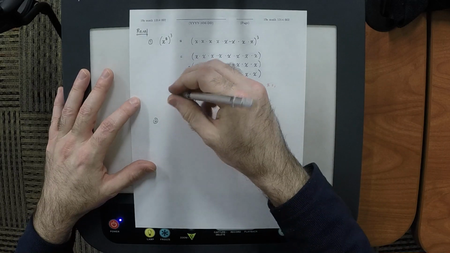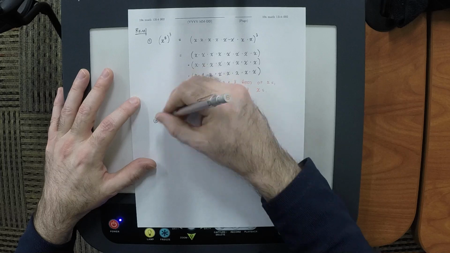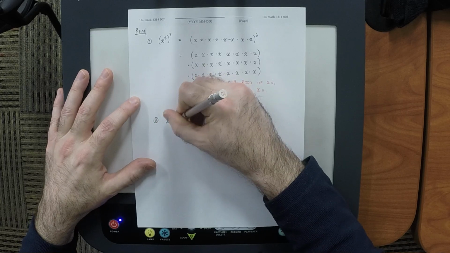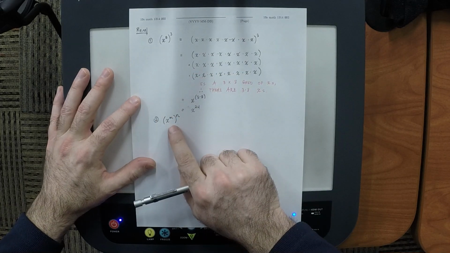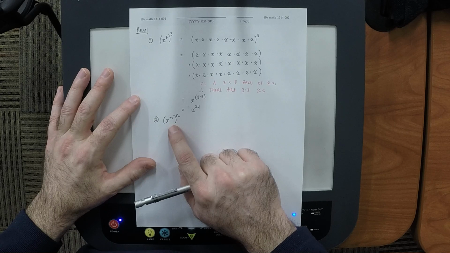What am I saying? So x to m, and then to n, like this. So what do you think the rule is? How many x's will there be in the end? M times n.